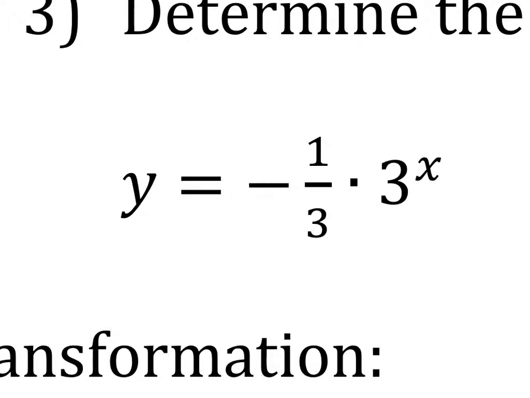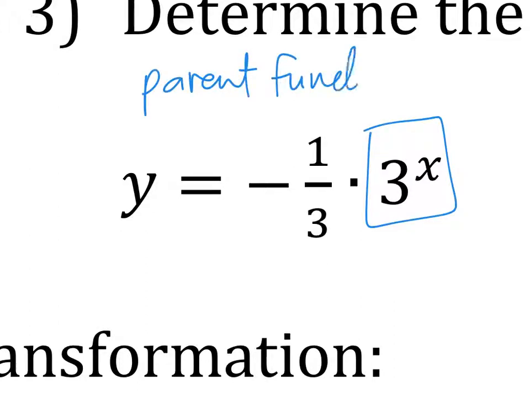All right, number 1. Y equals negative 1/3 times 3 to the X. What is the parent function? What do you guys think? 3 to the x. 3 to the x is the parent function. Okay, then that negative 1/3 is the transformation.